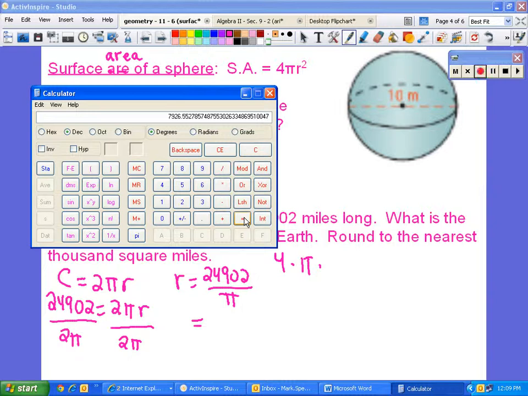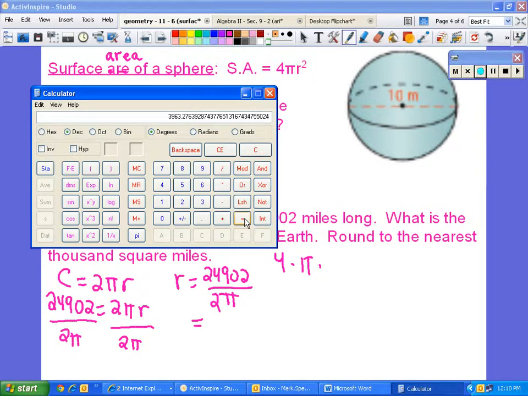I'm sorry, 2 pi, not just pi. Try that again. 24902 divided by parentheses 2 times pi close parentheses gives us that.